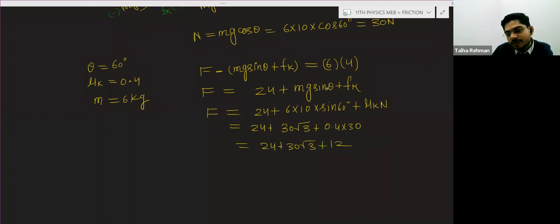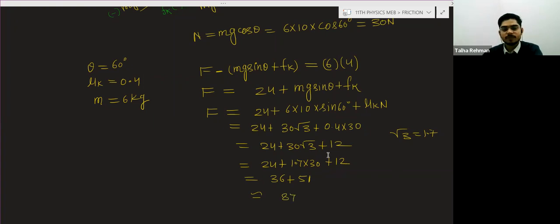Root 3 you can take as 1.7. So this is 24 plus 1.7 into 30, plus 12. 24 and 12 is 36, plus 1.7 into 30 is 51.